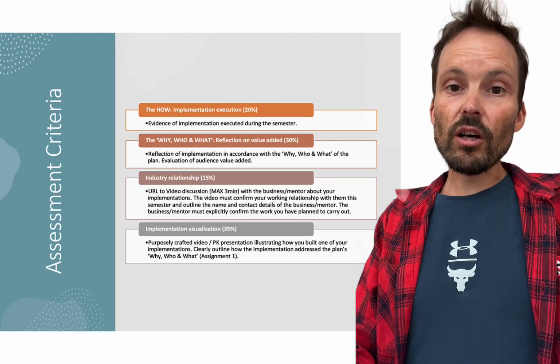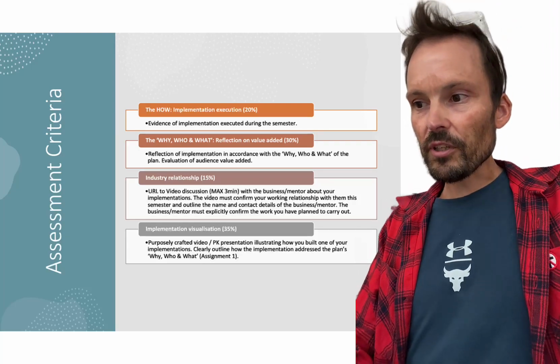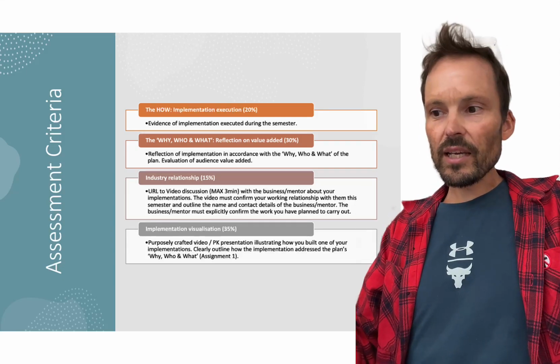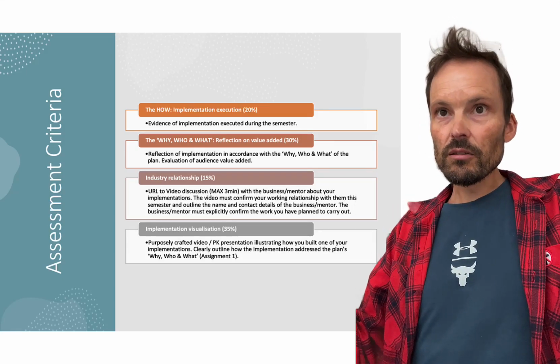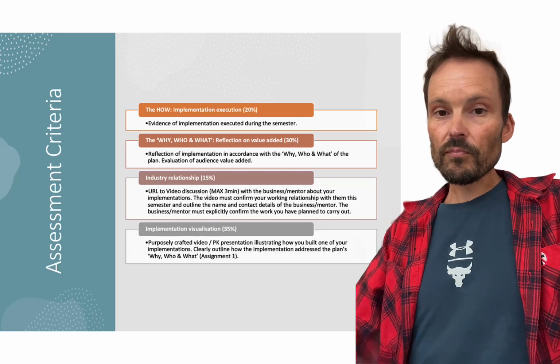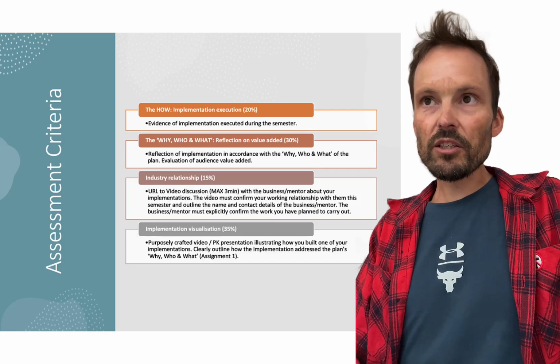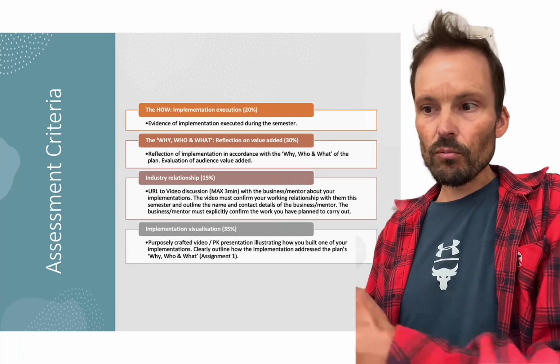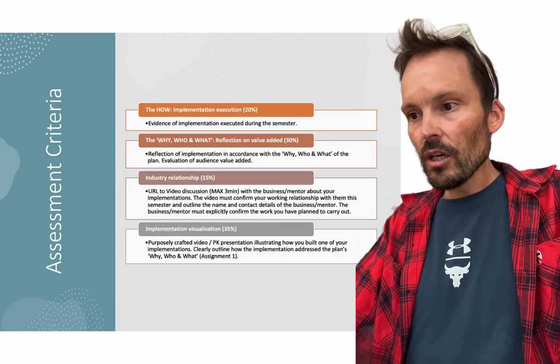You may want to take advantage of the video or the presentation format to further unpack how you actually developed that particular implementation. So take the most complex one and then show in more detail in a video format, unpack what it is, how you did it.